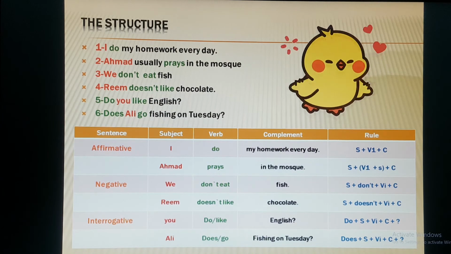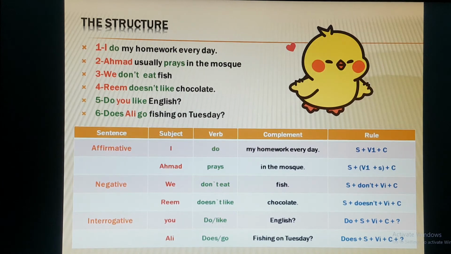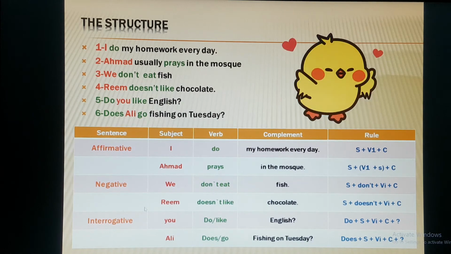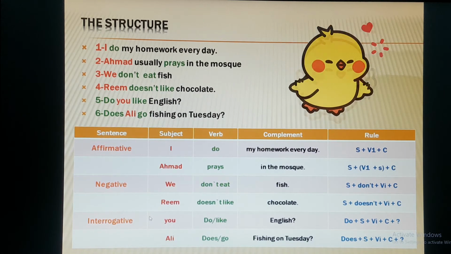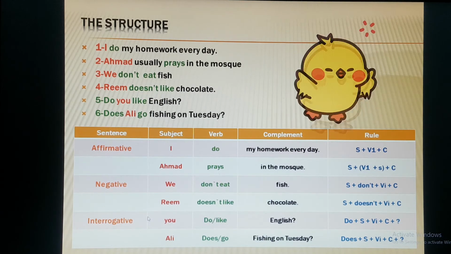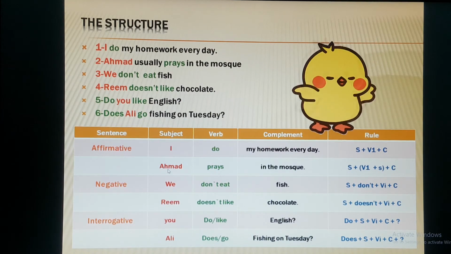Here in the interrogative form we do not start the sentence with the subject. دائما بجملة الانتروجاتيف، جمل الانتروجاتيف اللي هم السؤال، ما بنبلش الجمل بالفاعل مثل جمل الافيرماتيف والنيجاتيف. الافيرماتيف والنيجاتيف دائما ببلشوا بالسبجكت بالفاعل، بعدين بالفيرب بالفعل، بعدين complement.